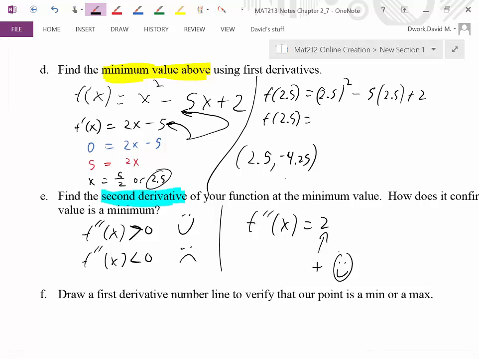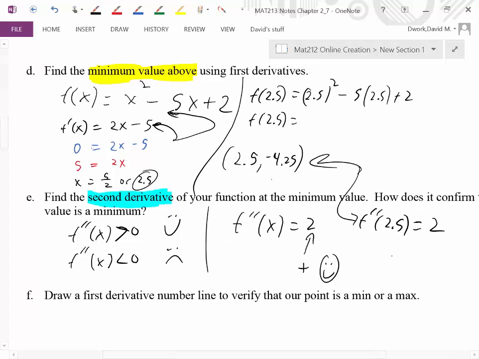But how can we use that on a problem where we didn't know what the graph looks like? Well, we check the second derivative at the x value of our min or max and look at its concavity. If it's positive, then we know it's concave up, and therefore we know it is a min.